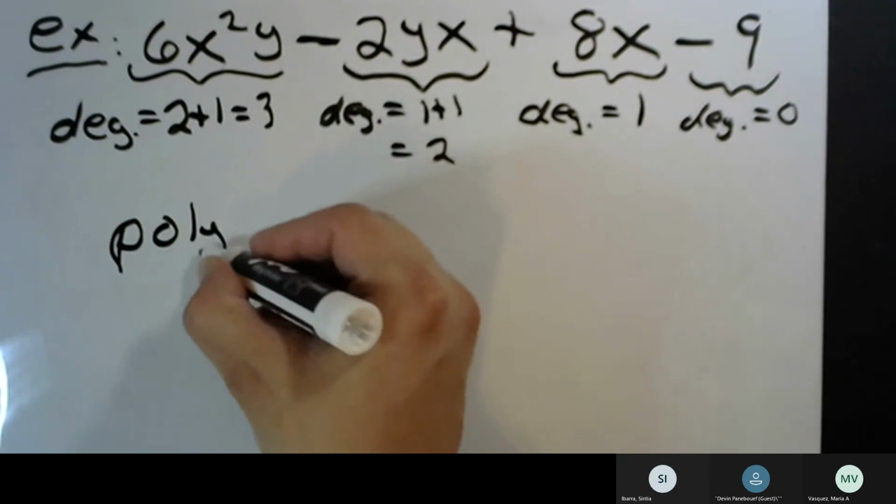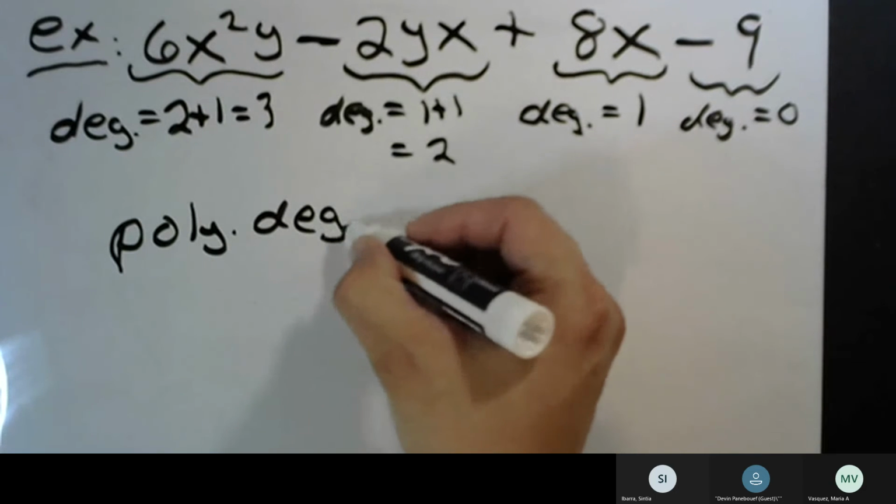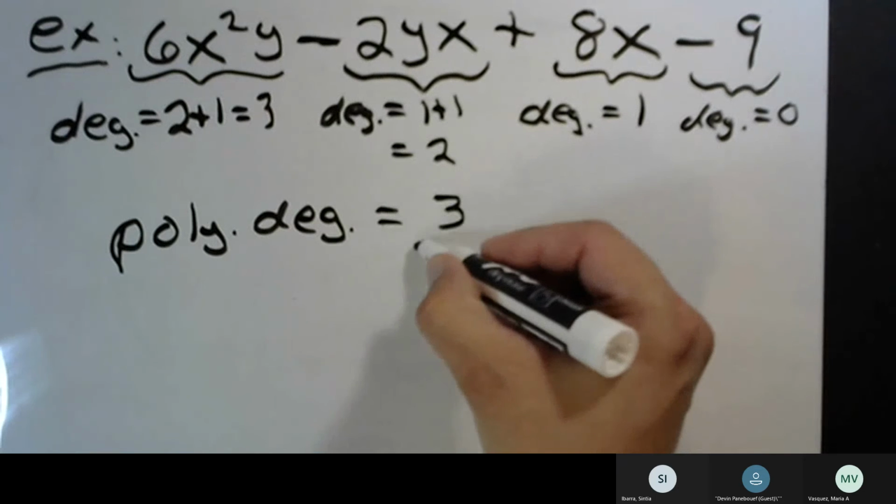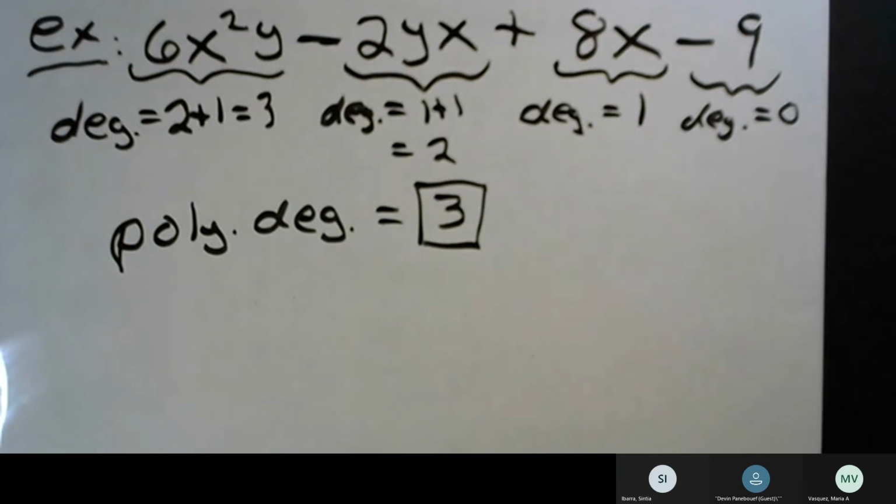So the polynomial degree is 3. Questions about that? All right.